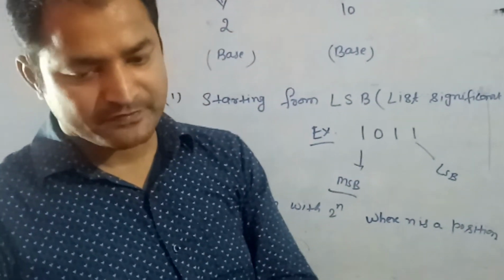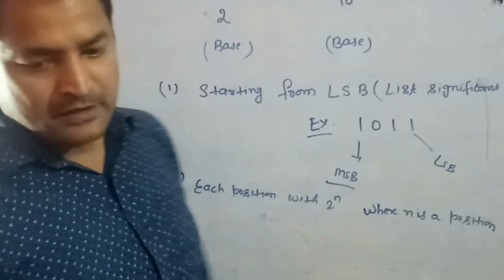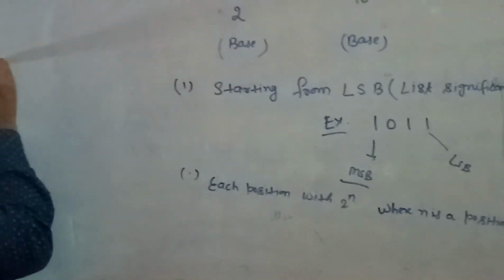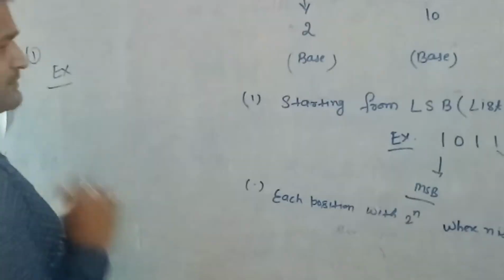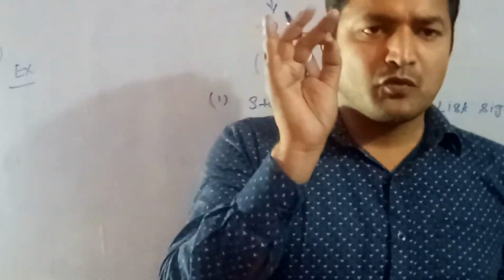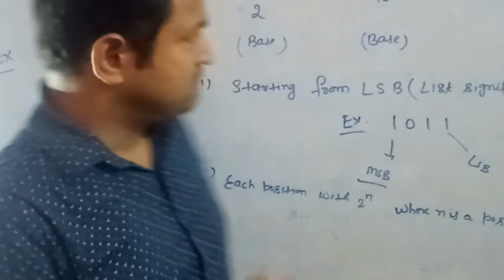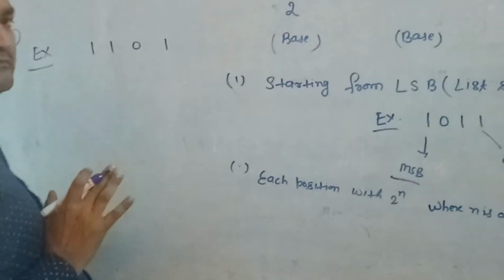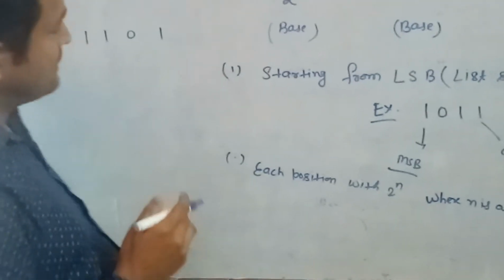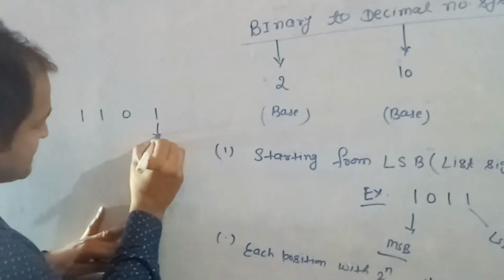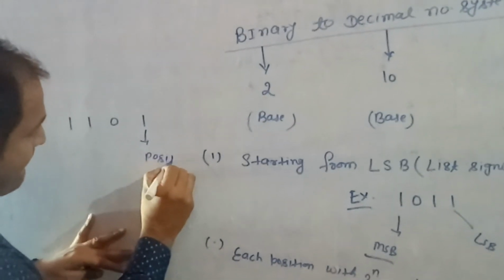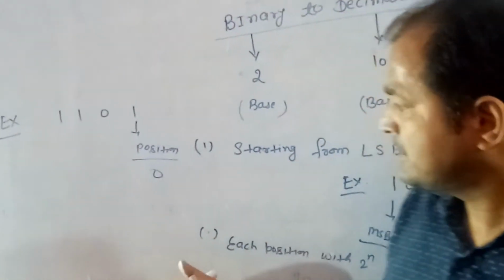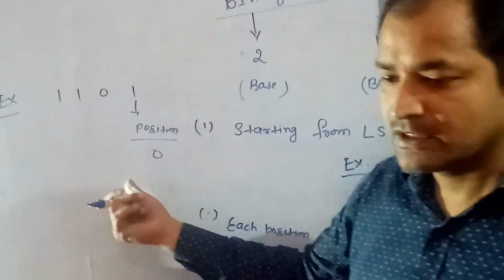Suppose this example, 1 1 0 1. This position is 0. Always remember this position is 0.